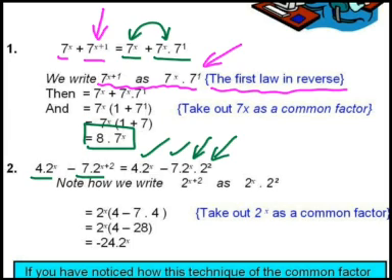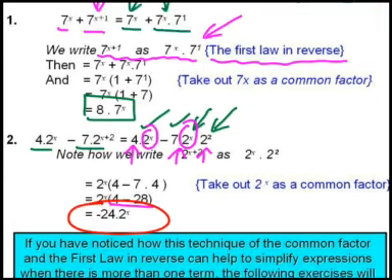Since the first term has 2 to the power of x and the second term has 2 to the power of x, we can take that out as a common factor, and what remains is 4 minus 7 times 2 to the power of 2, which is 4, and 7 times 4 is 28. After we've taken out the common factor, 4 minus 28 is minus 24, so the answer to that expression is minus 24 times 2 to the power of x.